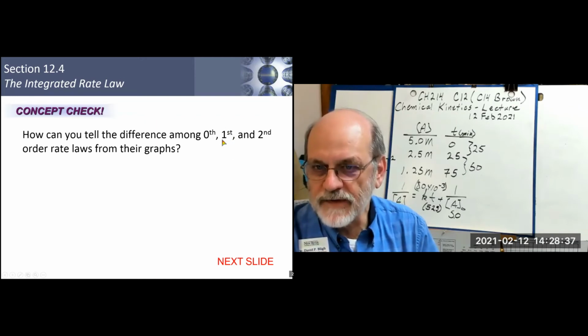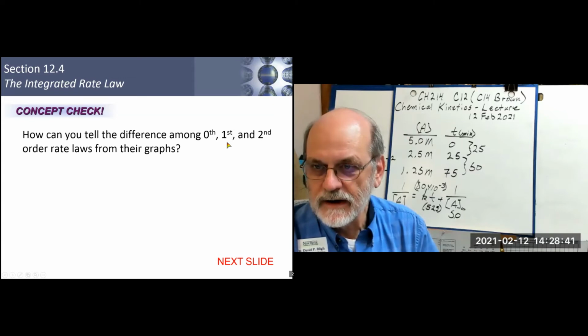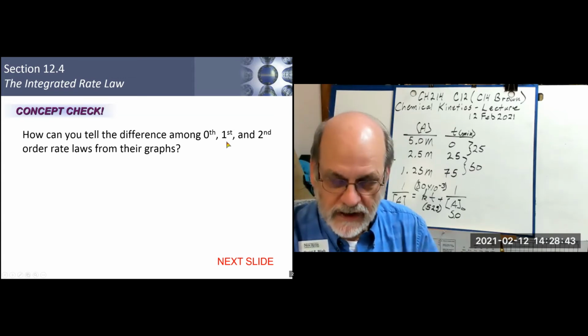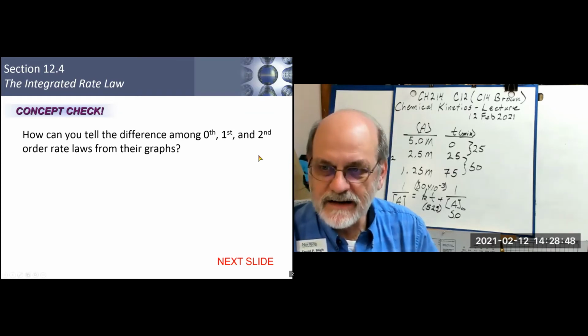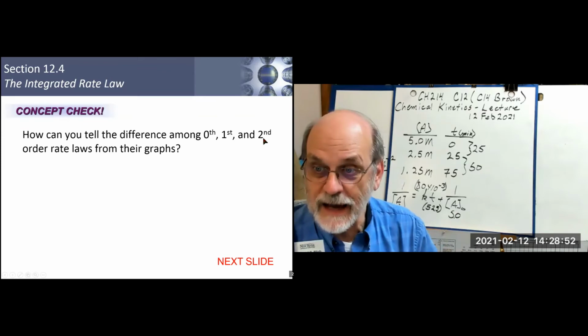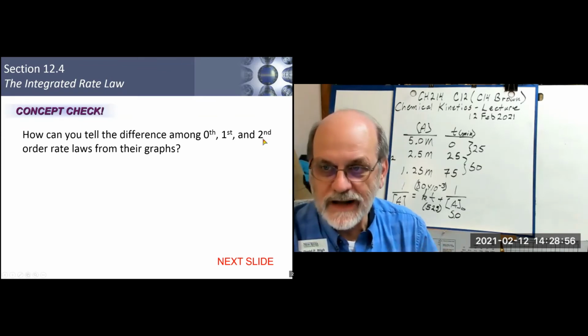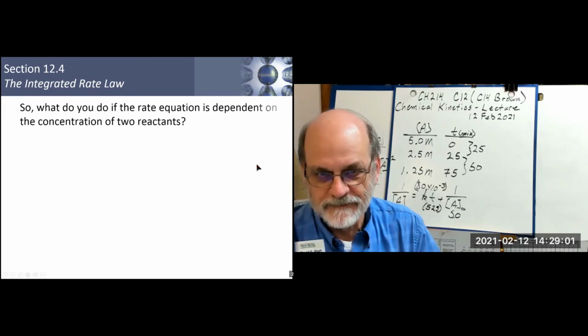If you plot the natural log of the concentration against time, and it's first order, it'll be a straight line with a negative slope. If you plot the reciprocal of the concentration against time, then if it's second order, it will be a straight line with a positive slope. Okay?